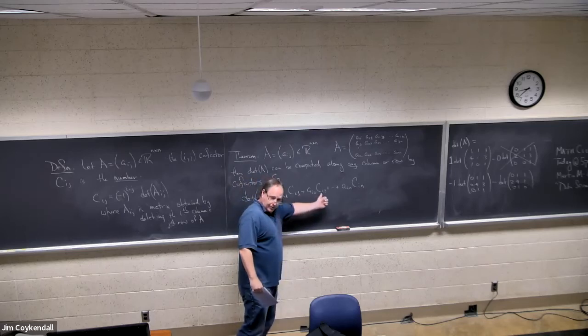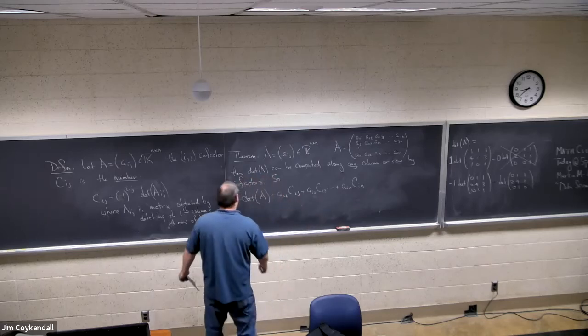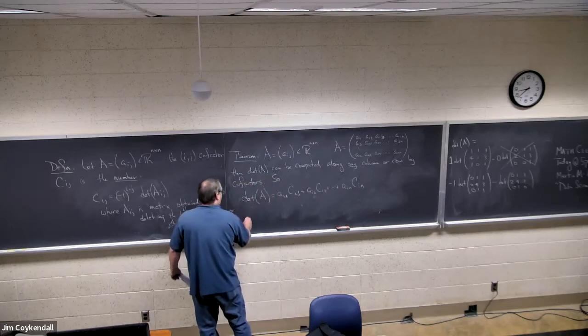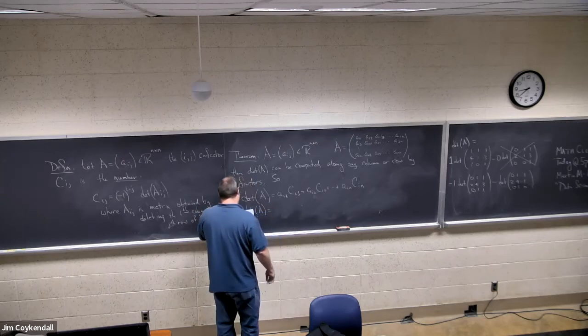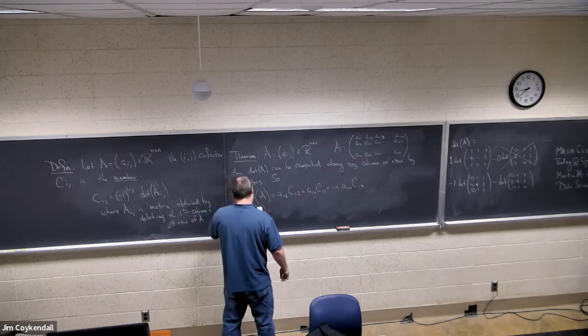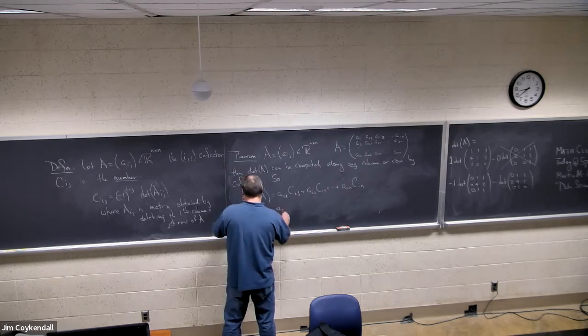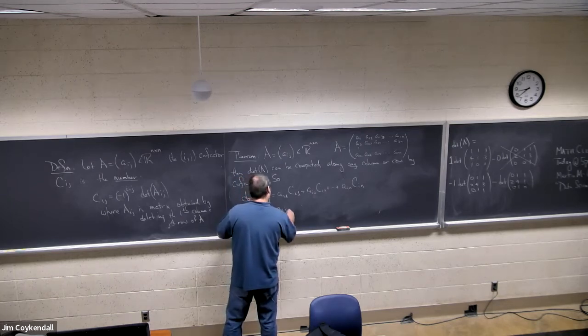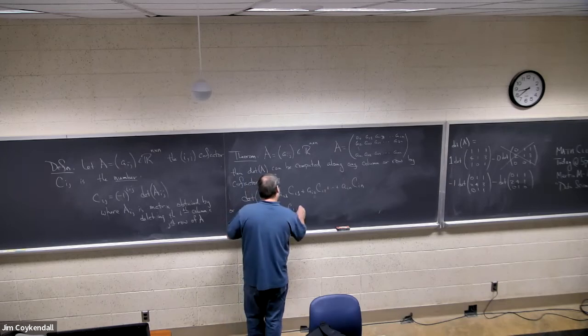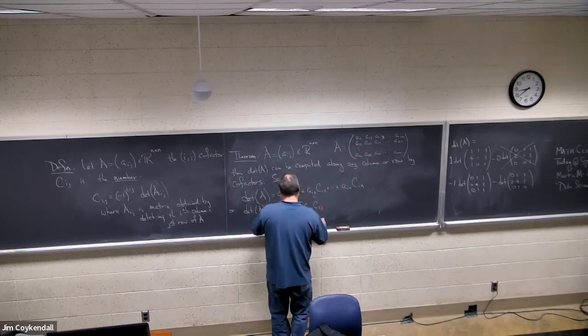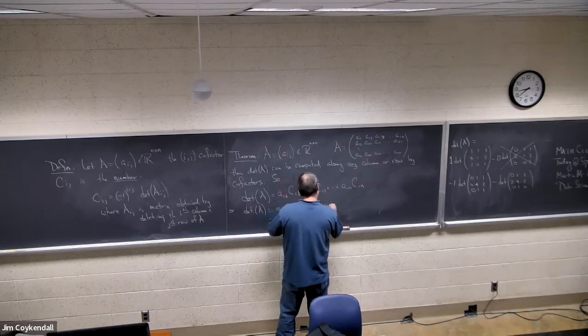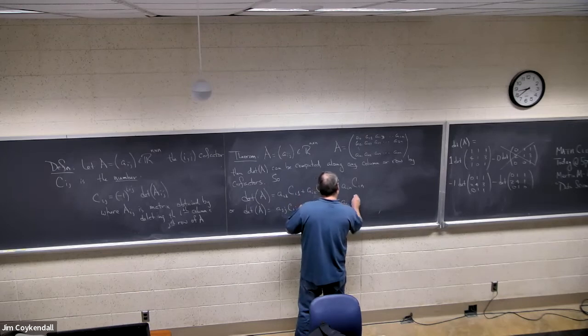This is expansion about the ith row, or you could expand by the jth column: a1j C1j plus a2j C2j plus up to anj Cnj. So you have the luxury of being able to expand about any row or column.